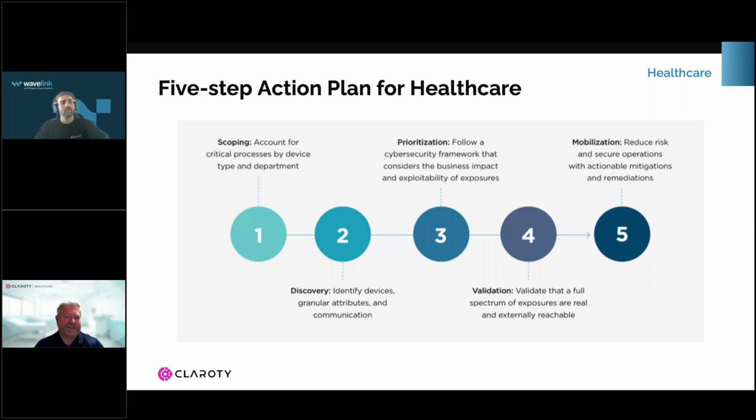We then go through that validation process to make sure that you're getting real exposure and real remediation. And then the last part is helping you to reduce risk by giving you actionable mitigations and remediations that your team can go and perform, versus trying to guess what happens based on a bunch of alerts that might not be necessary for your particular environment. So that's pretty much the 5-step plan that we go through.